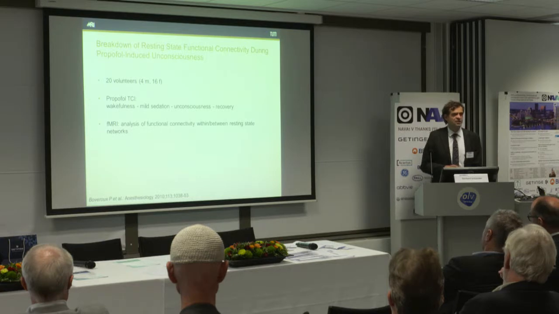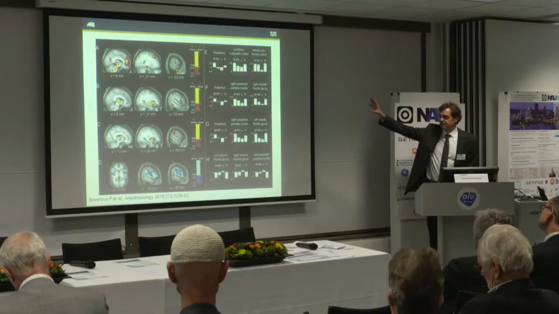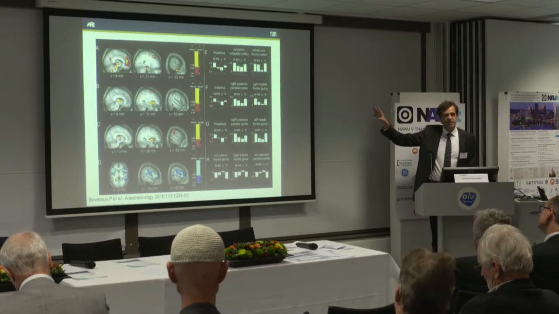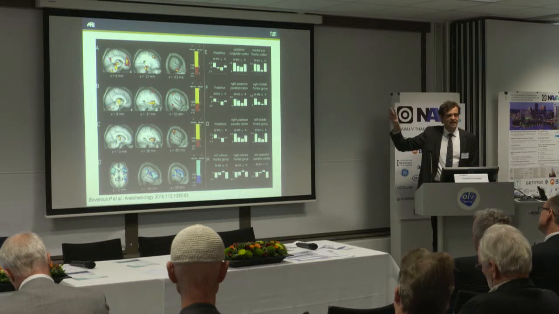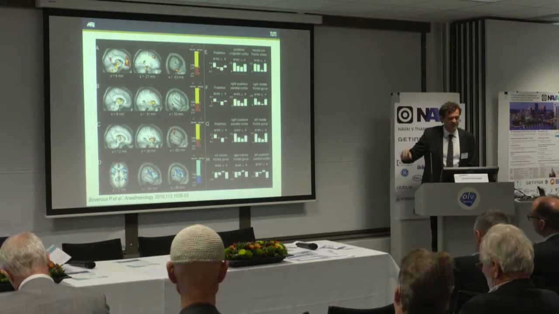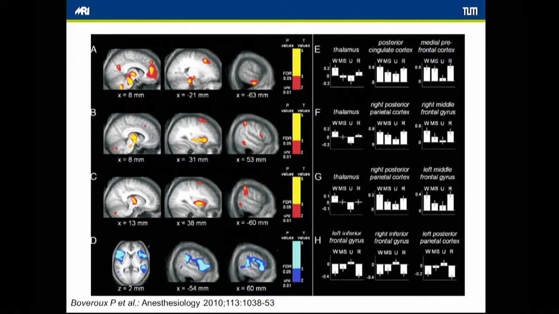Now, functional MRI reflects oxygen content of different areas of the brain, and the theory behind it is that there is an autoregulation and very active cortical fields or brain areas are reflected by a high oxygen content. And as a matter of fact, there is a significant change of very specific brain areas which are active and connected to each other if you induce unconsciousness by Propofol.